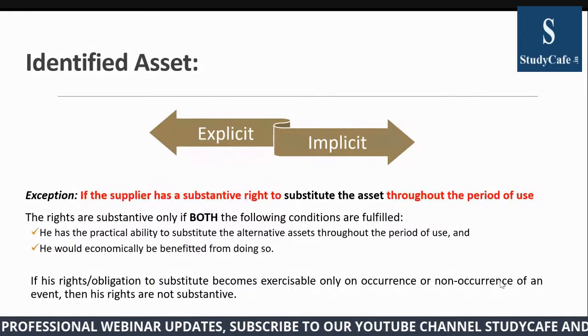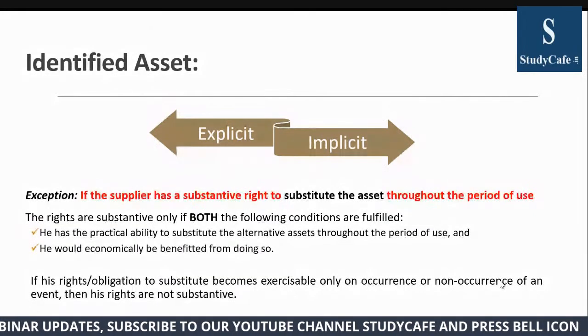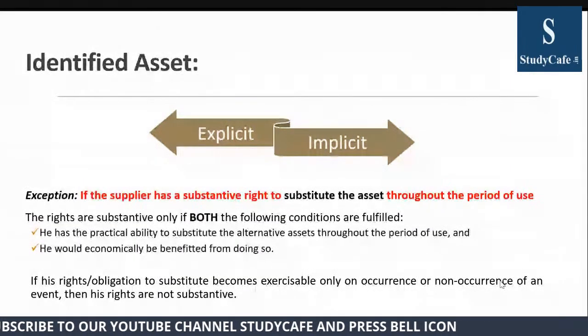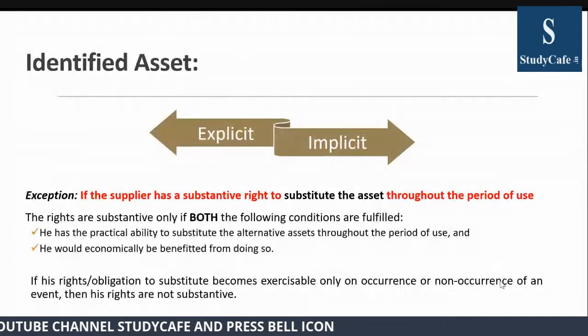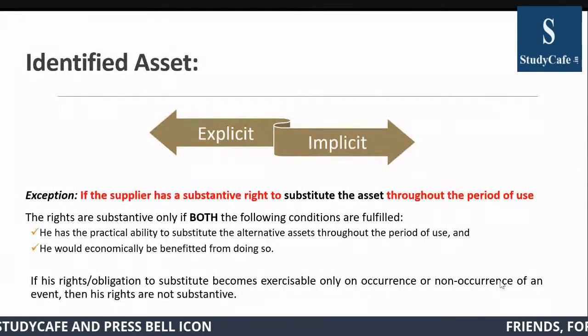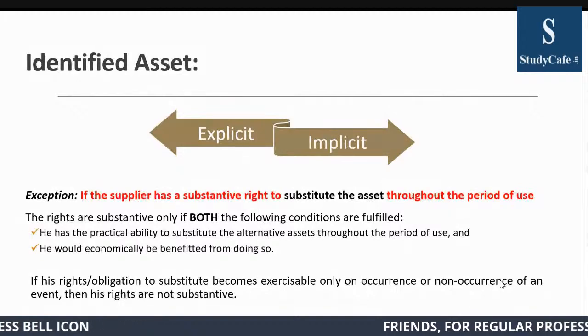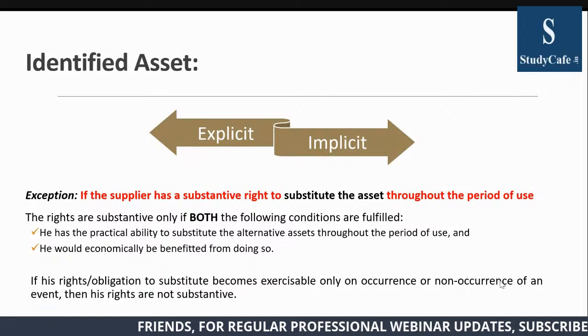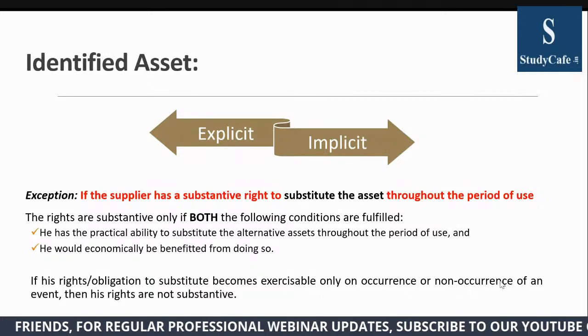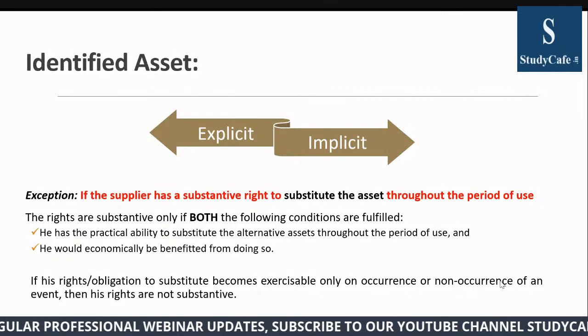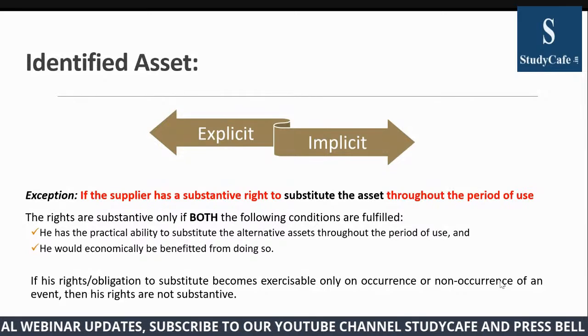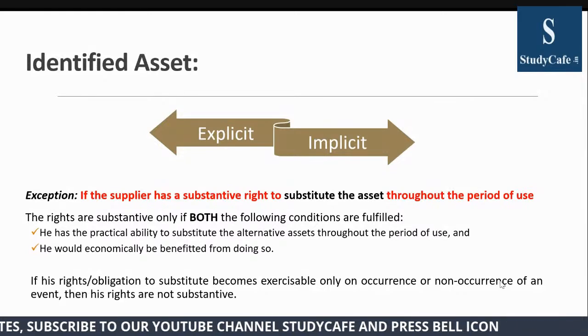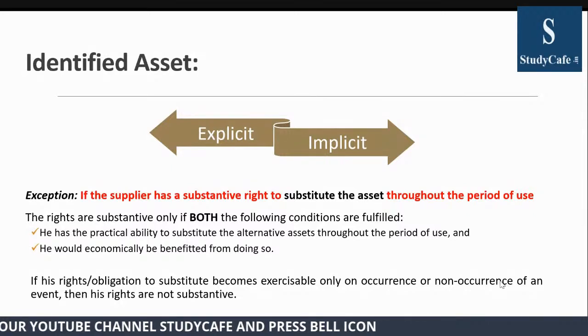Now, suppose a company has taken a machinery on lease, and as per the contract, the lessor has a right to substitute that asset. What does it mean to substitute that asset? That it can just replace that machinery and give another machinery in place of the old machine to the lessee. Right. Now, as per this contract, the supplier, the lessor, has a right to substitute that asset.